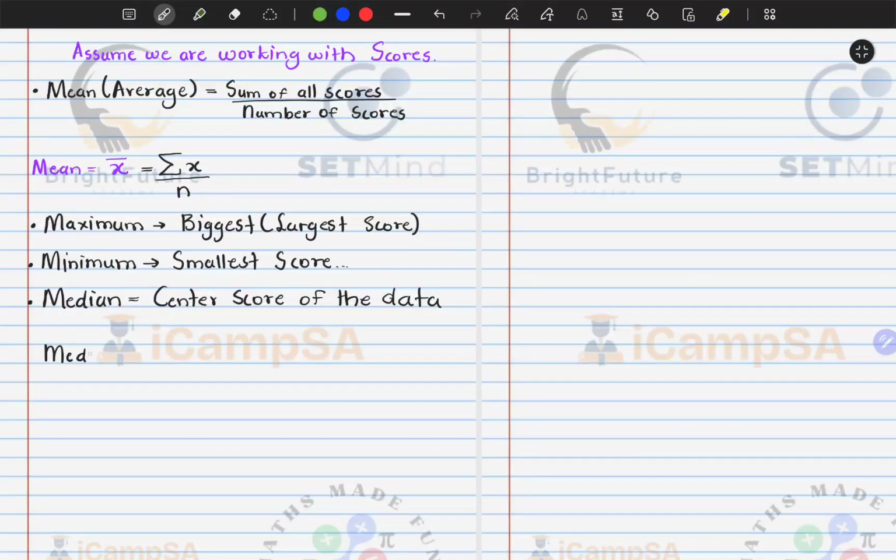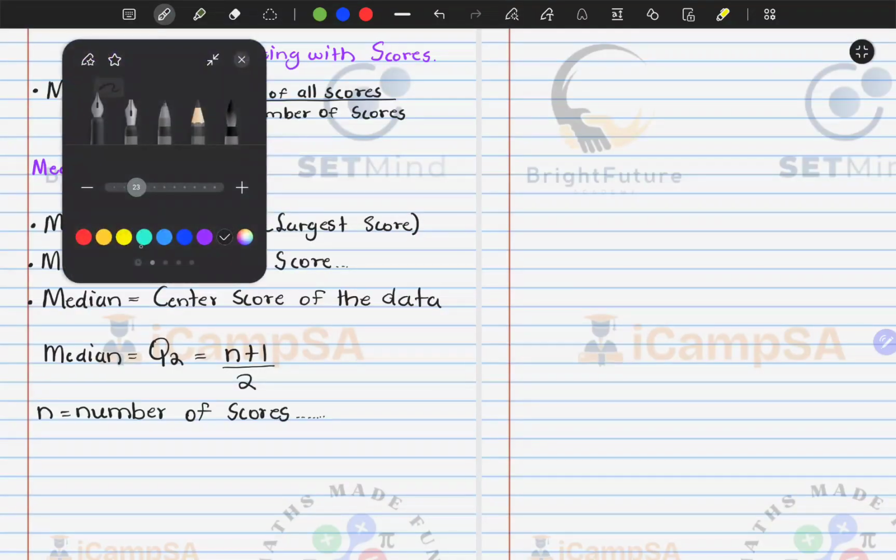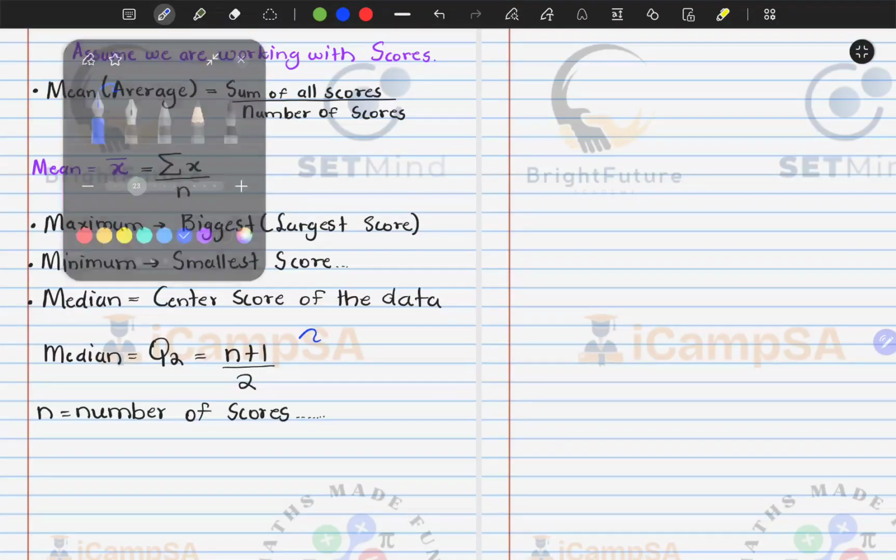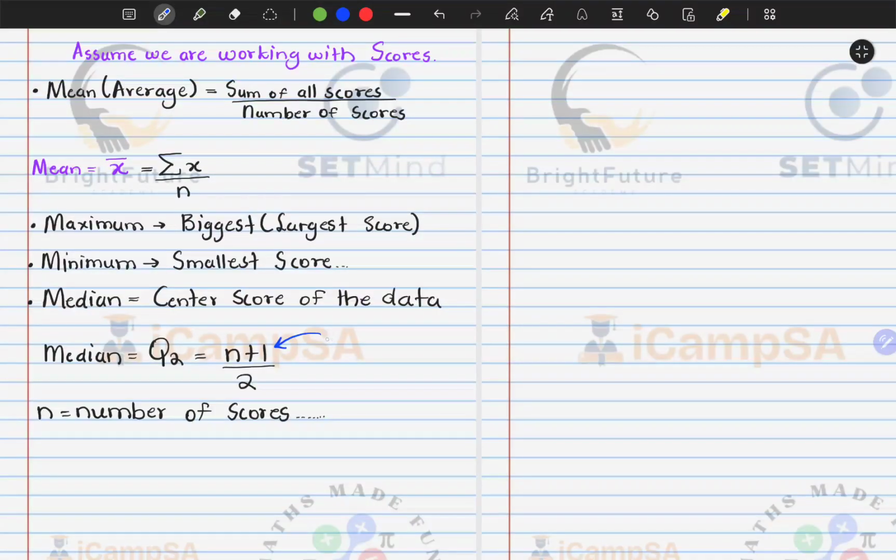So the median, which is also known as Q2, how we find it is we are going to say n plus 1 divided by 2, where n is the number of scores. What I need you to note is that this is not really the median, but what we find here is actually the position of the median.